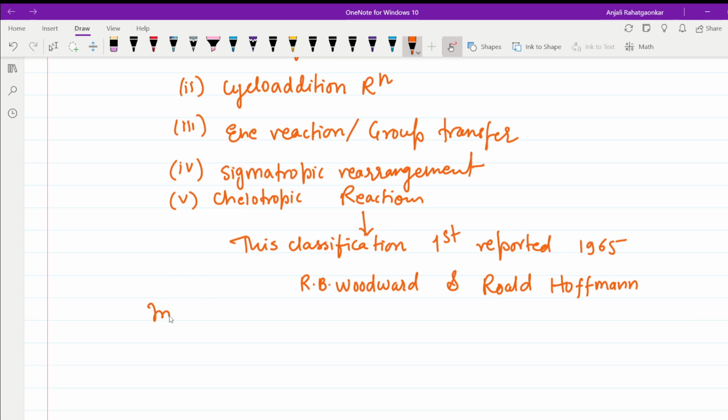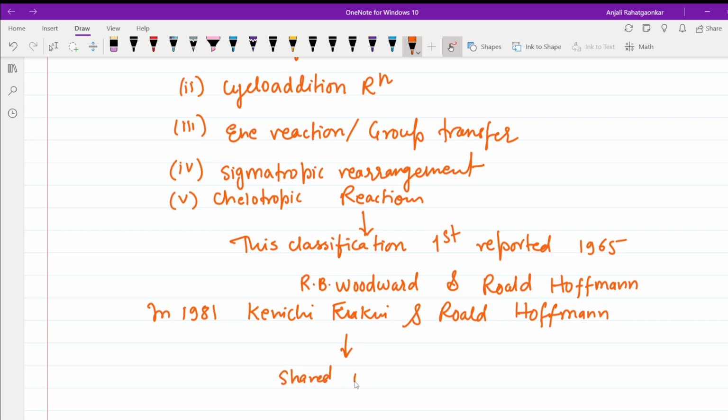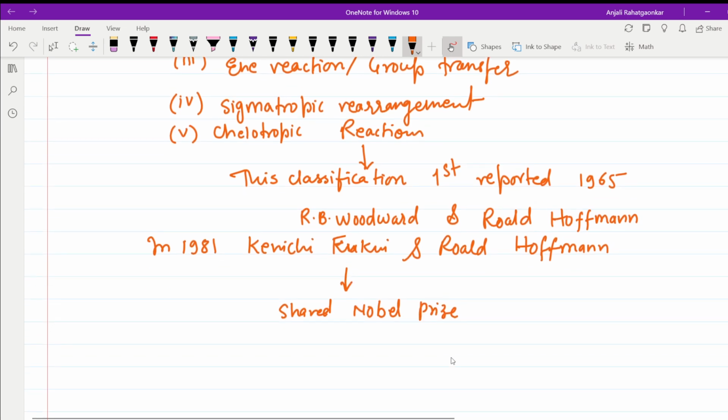Later on, in 1981, Kenichi Fukui and Roald Hoffmann received the Nobel Prize. They shared the Nobel Prize for these pericyclic reactions.